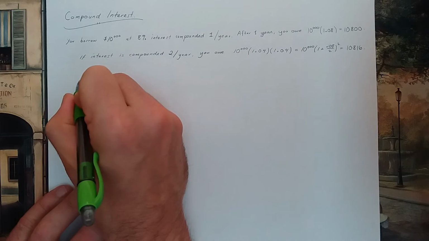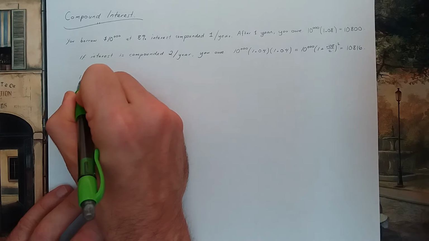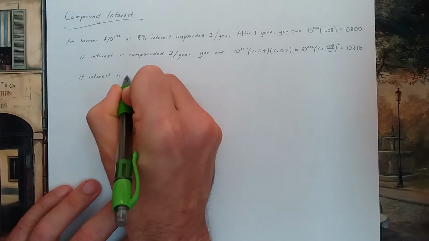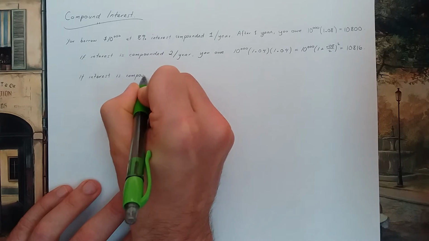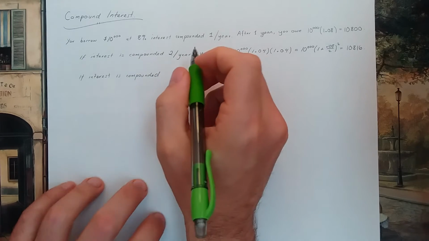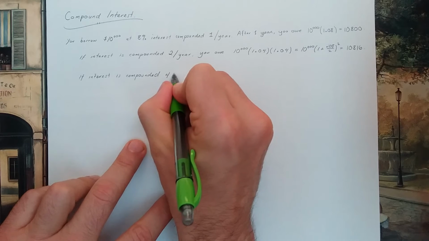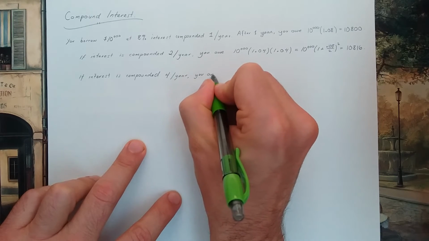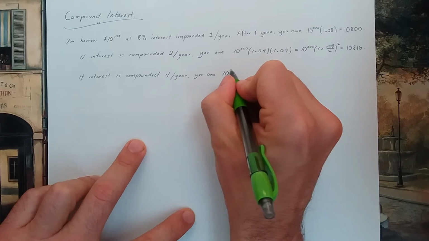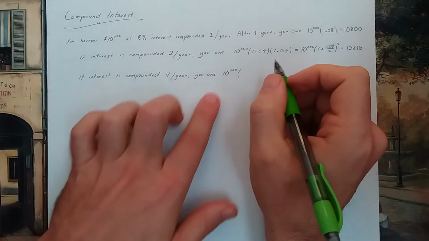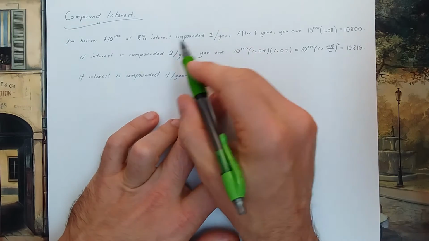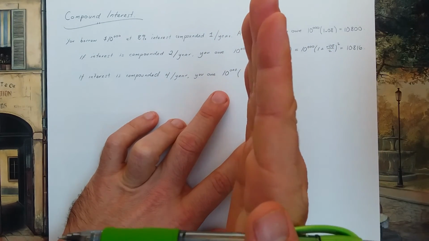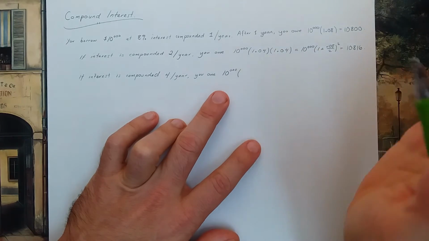Let's say interest is compounded quarterly, 4 times a year. You owe, after 1 year, $10,000, and then you're going to divide the interest 8% into 4 pieces and multiply by that value 4 times.